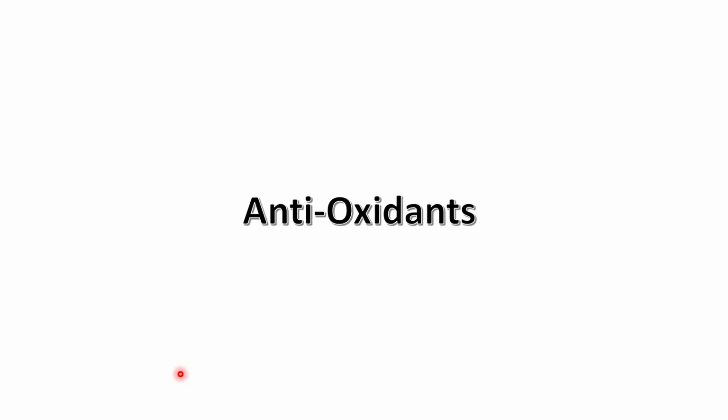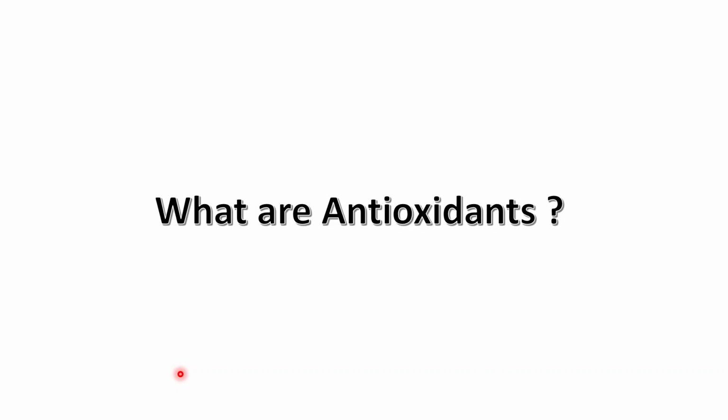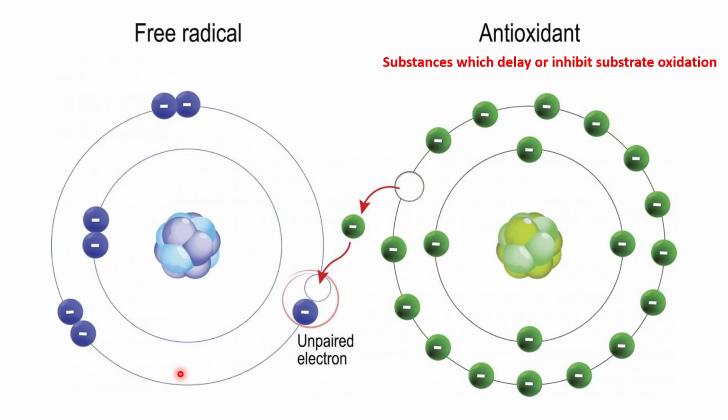Now let us try to understand what antioxidants are and how they protect us against free radical damage. Antioxidants are substances which delay or inhibit substrate oxidation. They act by donating electrons. The problem was that the free radical had an unpaired electron in its outermost orbit.